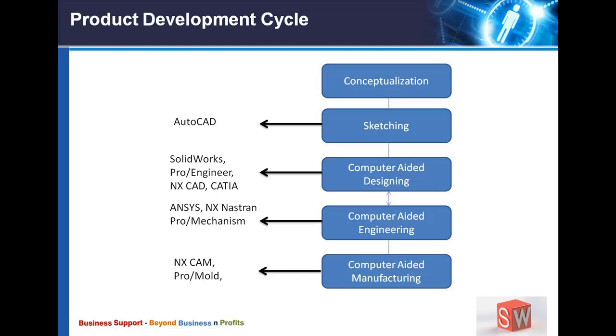The first process, as you know, is conceptualization, and once it is completed we go for sketching, that is 2D sketching. For 2D sketching, the most popular software used in most companies is AutoCAD. And for computer aided designing, we use, or everyone has to use, SolidWorks, ProEngineer, NXCAD and CATIA. Now the question is, why do we need to learn multiple modeling software for designing a product?